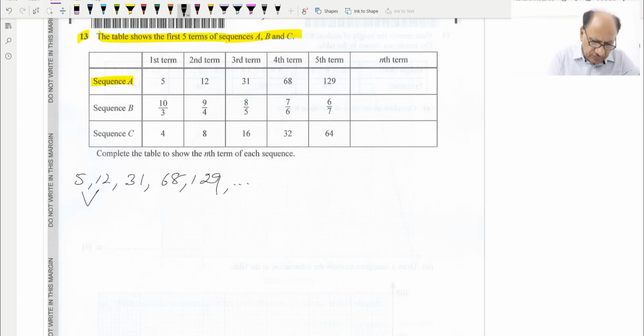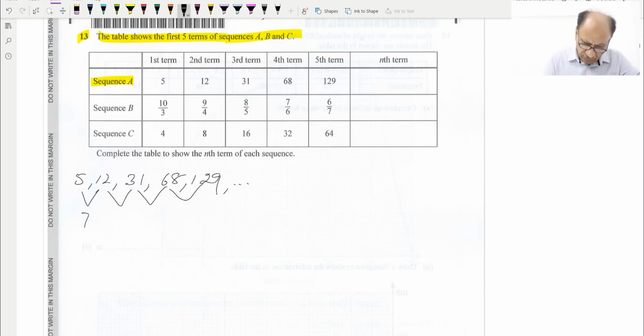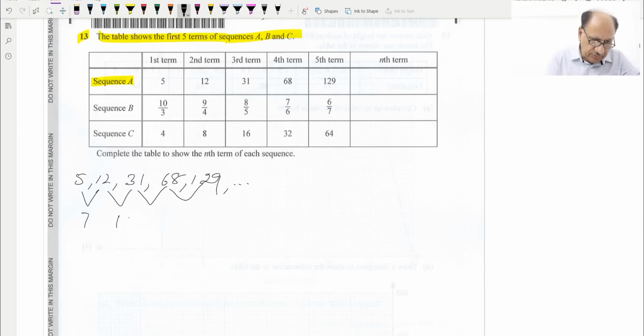If we check the differences between these, 12 minus 5 will be 7, 31 minus 12 will be equal to 19.